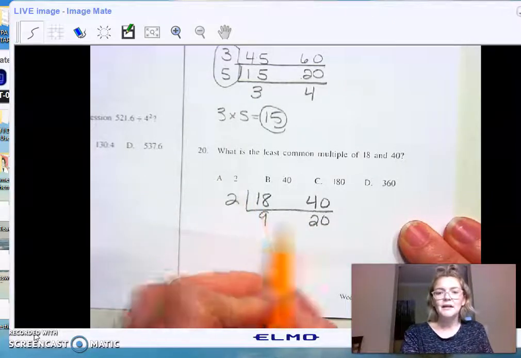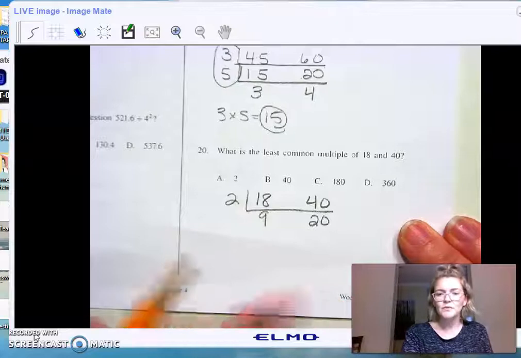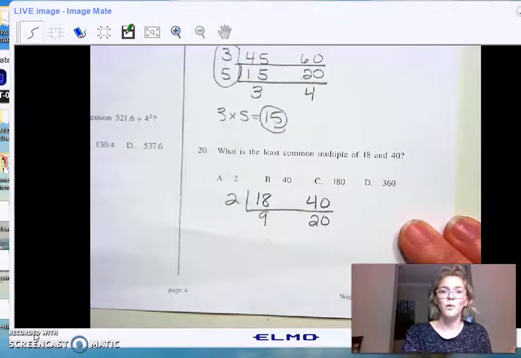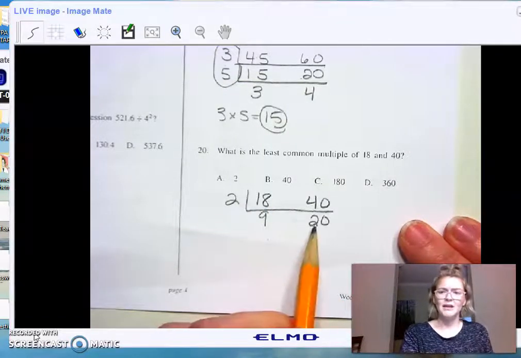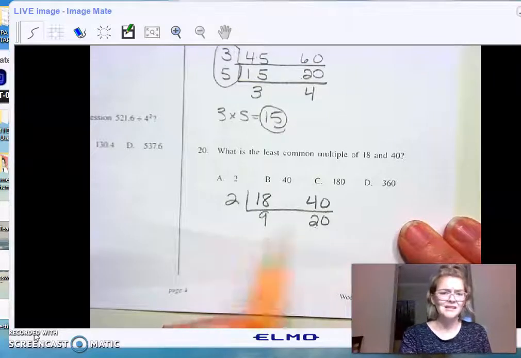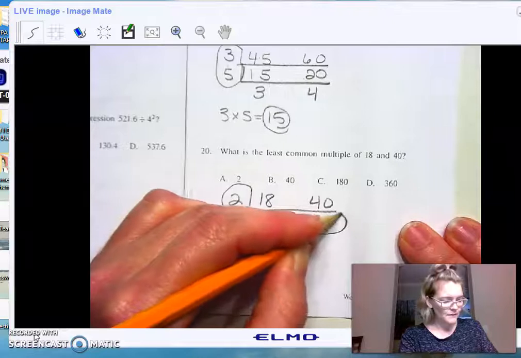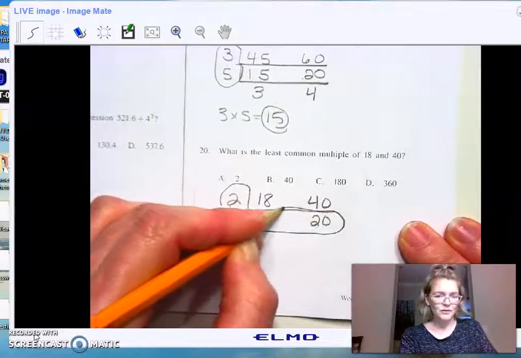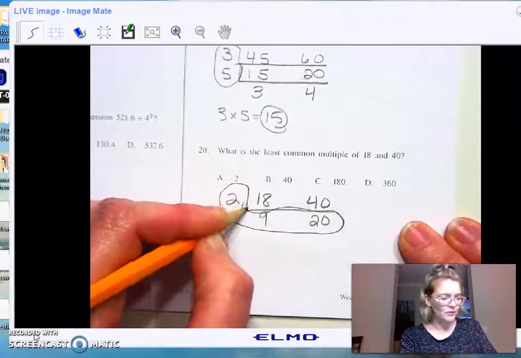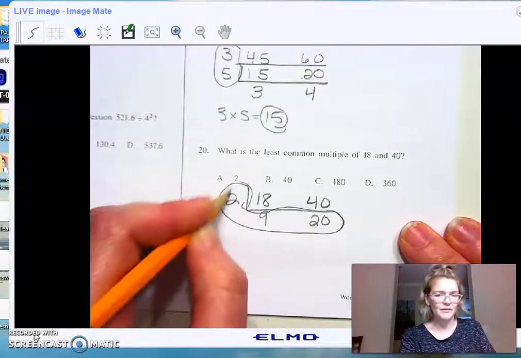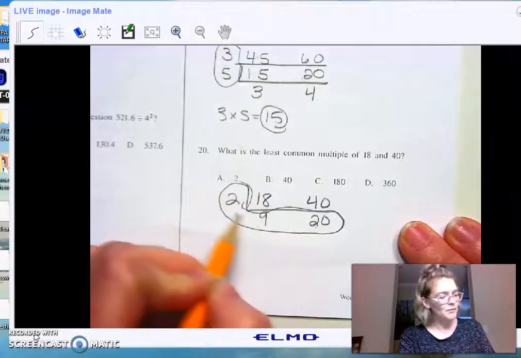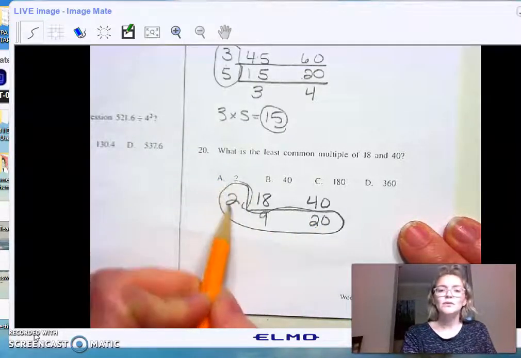And then I look at 9 and 20. Do they share any common factors? Well, 9 only has factors of 1, 3, and 9, and none of those are common with 20, so I have to stop and circle in an L-shaped circle. Can you see it's like a bubble L, like how you used to draw bubble letters when you were in middle school? So 2, 9, and 20.